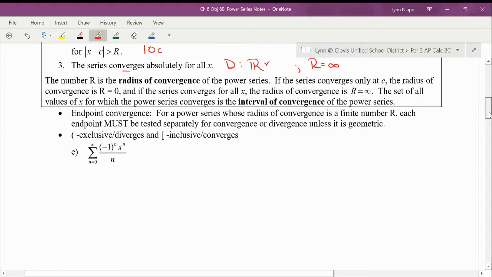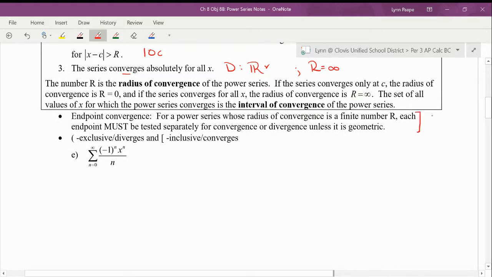All right, so our endpoint convergence is only done when the series is not geometric, in which case we will use the ratio test. And if we use the ratio test, you must evaluate the endpoints of your interval of convergence using a different test.